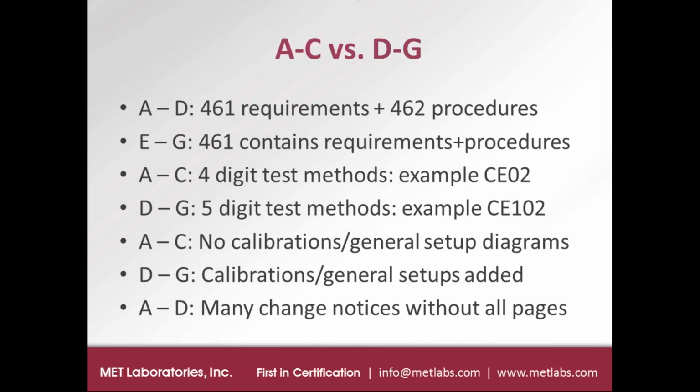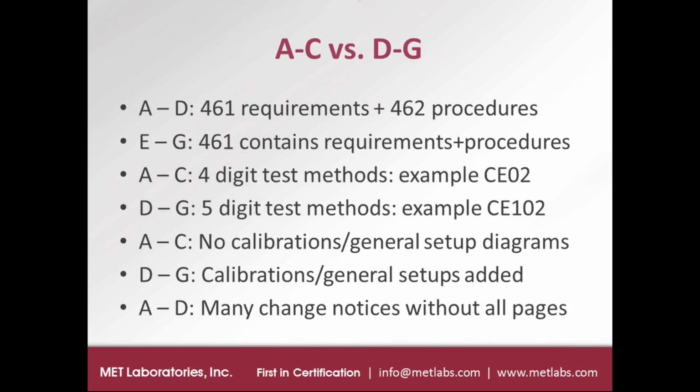Another key difference is that after versions A through C, there was the most major rewrite of the standard, the most major revision, and they even changed the test method numbering system from a 4-digit to a 5-digit numbering system.